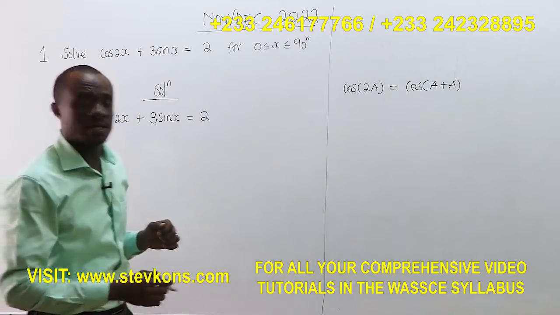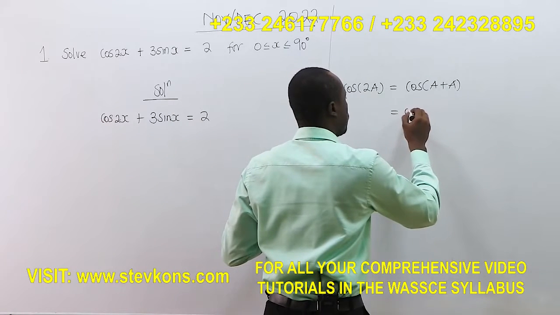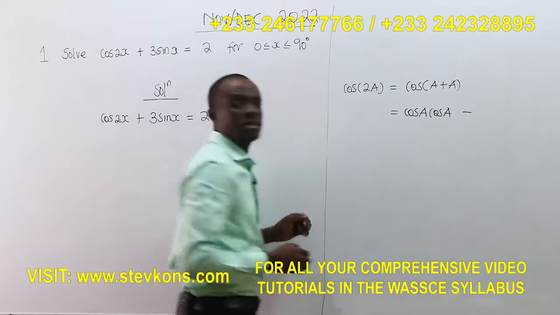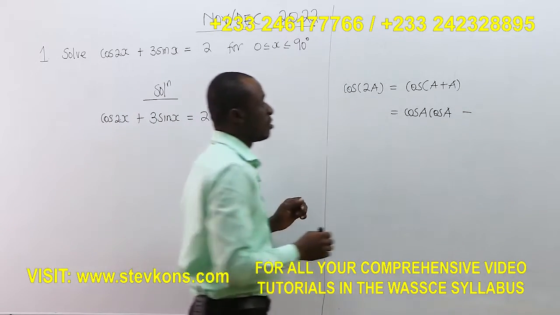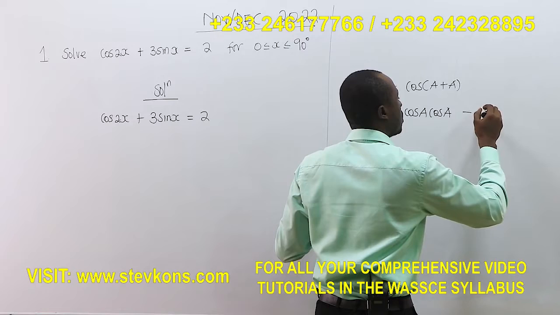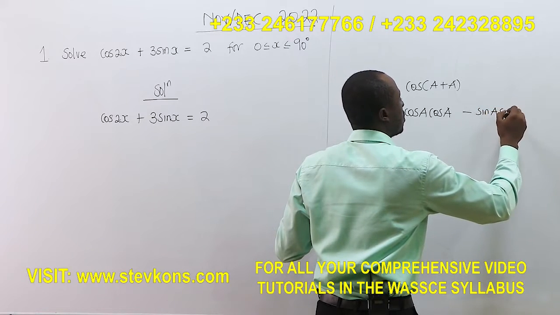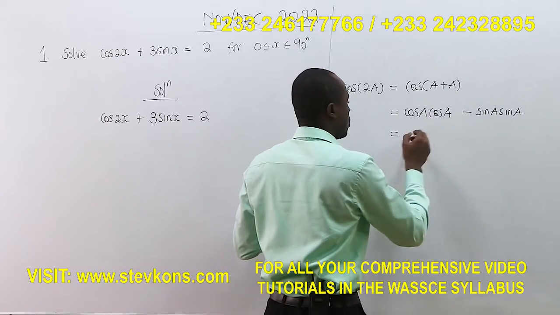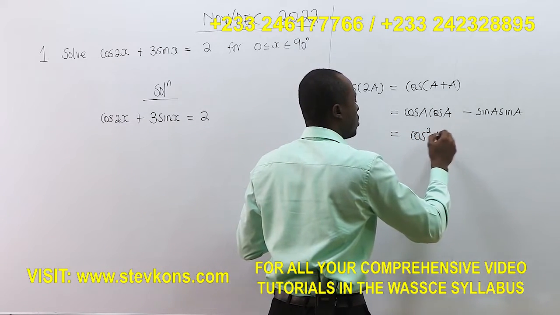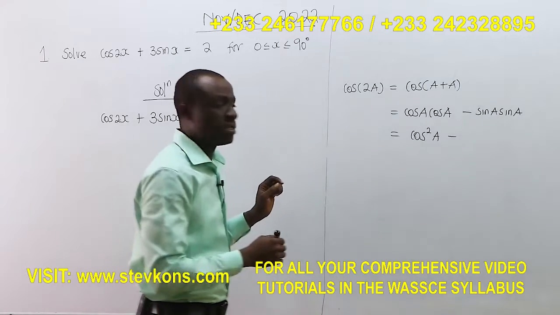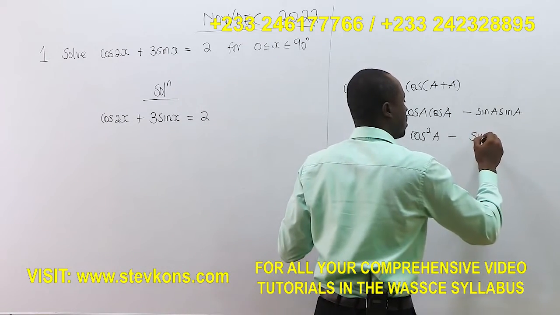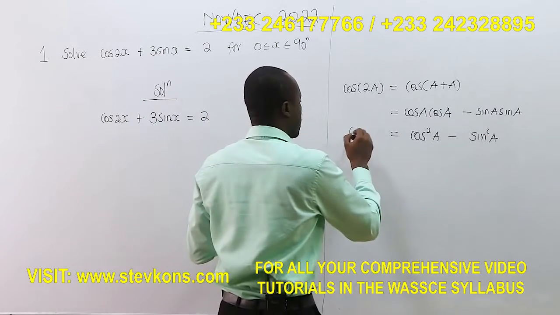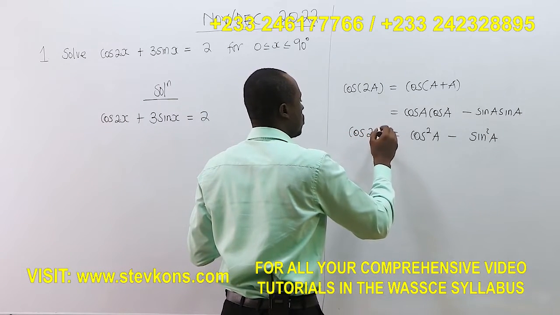And cos of a plus a is the same as cos a cos a, minus, addition changes to minus, sine a sine a. Now cos a cos a is cos square a, and sine a sine a is sine square a. That is our cos 2a.